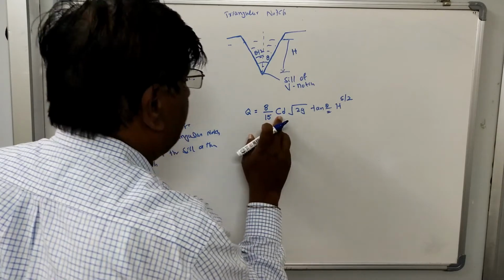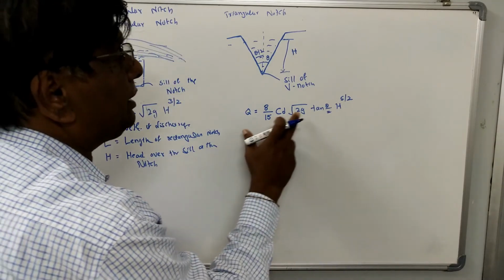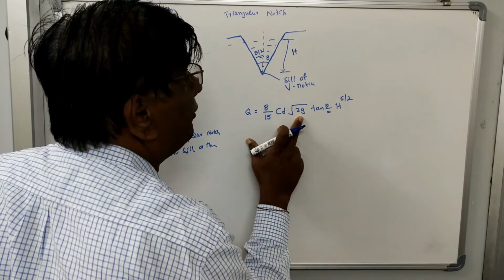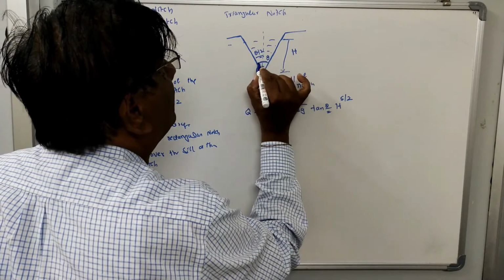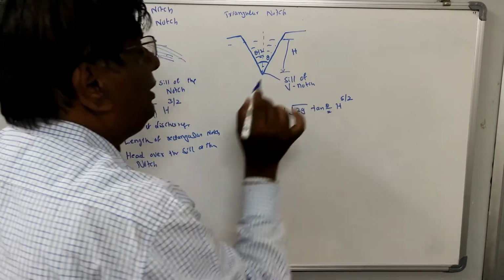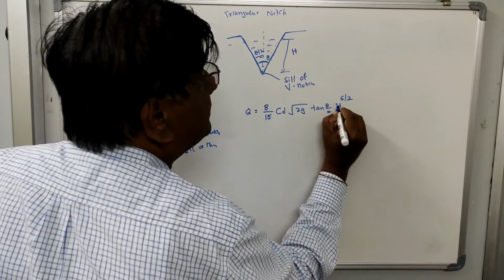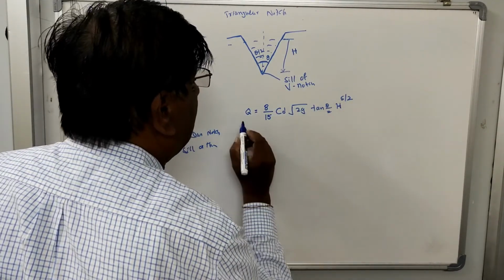Here CD is again the coefficient of discharge, G is the acceleration due to gravity, theta is the central subtended angle of the V notch or triangular notch, and H is the head over the sill of the notch.